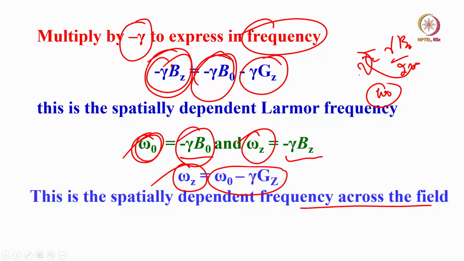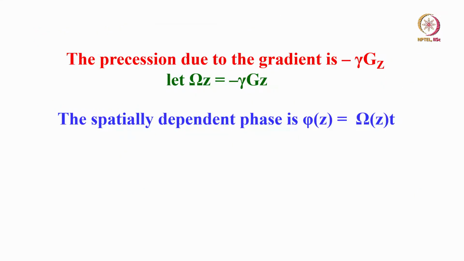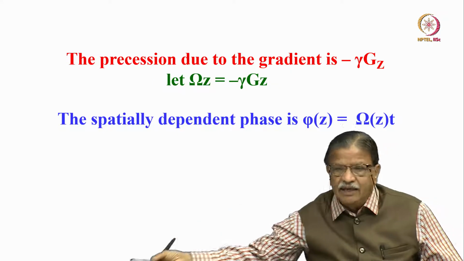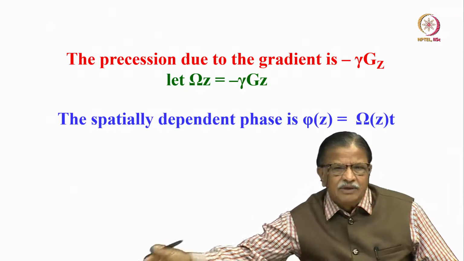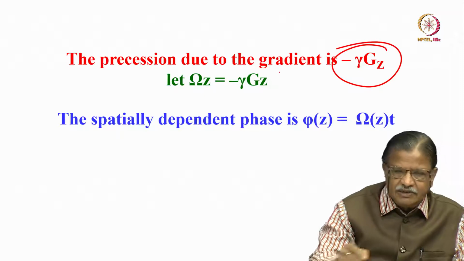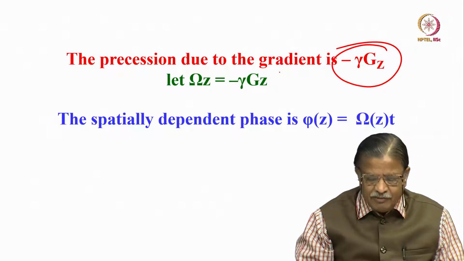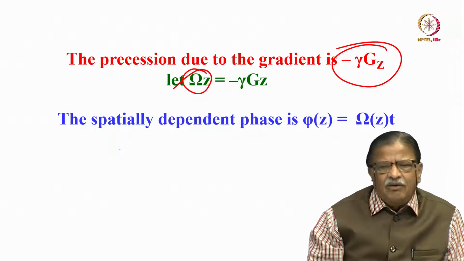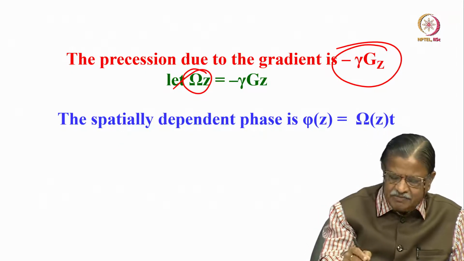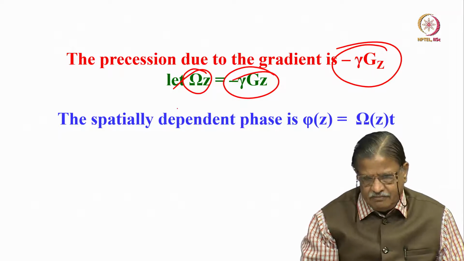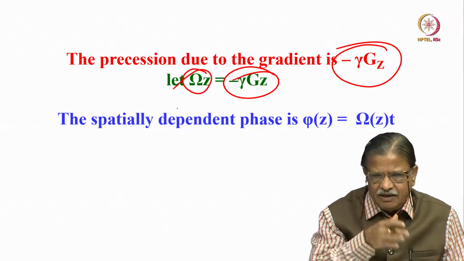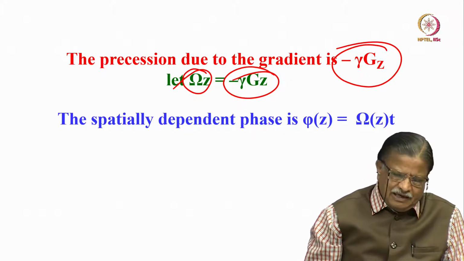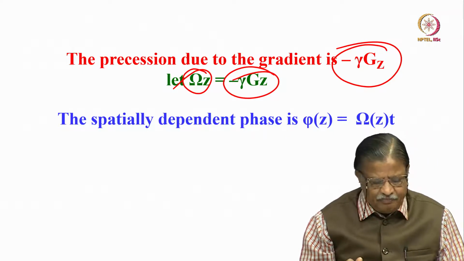This is the spatially dependent frequency across the field. The precession due to the gradient is minus gamma into Gz. Now I let capital omega z be minus gamma into Gz, just to make my mathematical writing simpler.